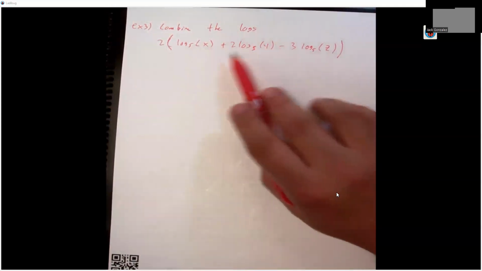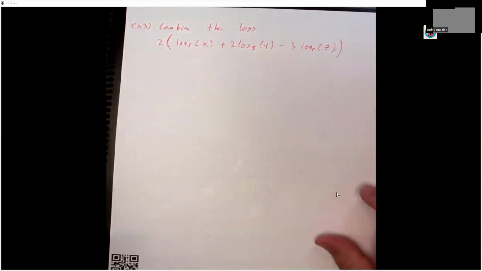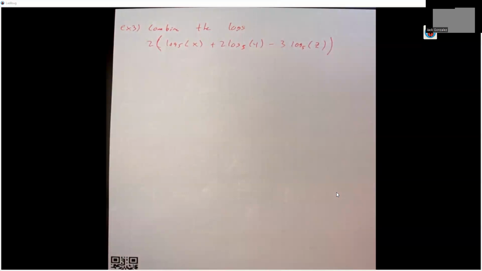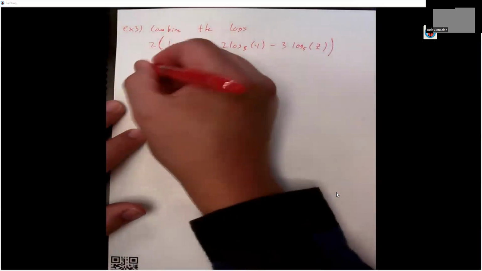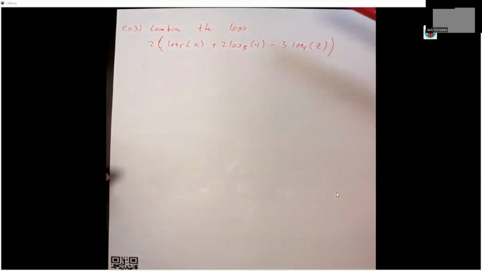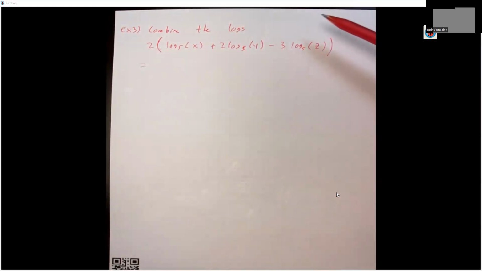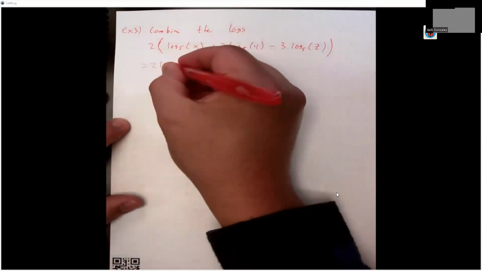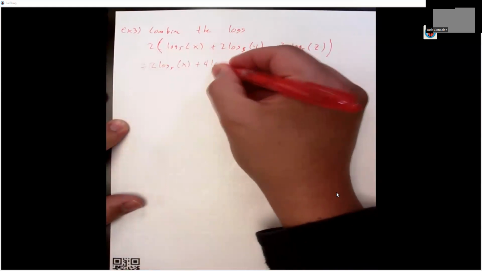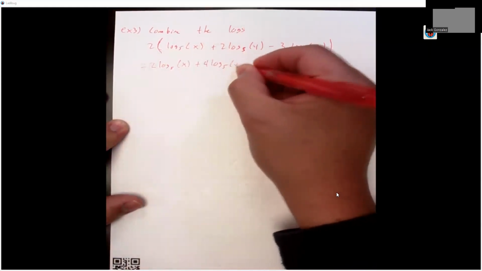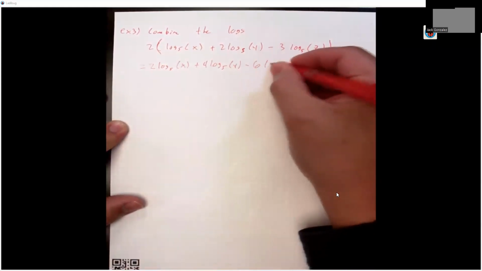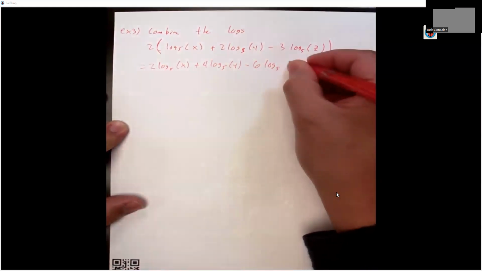So 5 base and a z. All right, so first thing we should probably do is distribute the 2. You could work inside first if you wanted to, but it might be easier to get that 2 in there. So you're going to get 2 log base 5 of x plus 4 log base 5 of y minus 6 log base 5 of z.